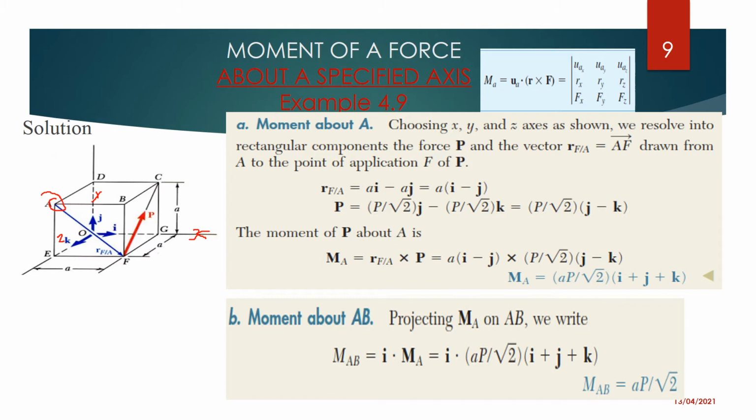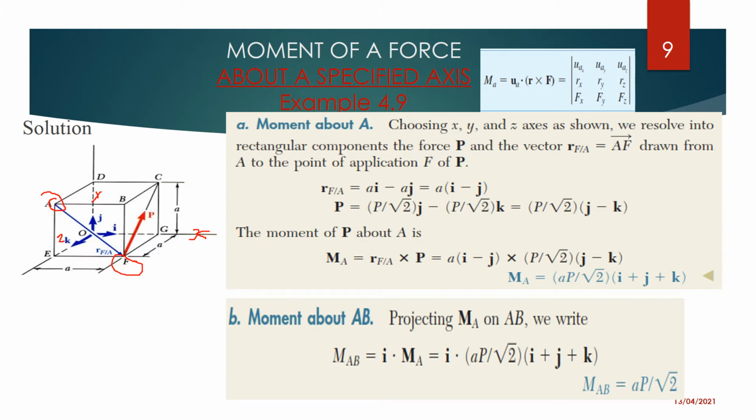Then in the Z, it is supposed to be positive a. Then you go to F and get the coordinates of F. You want to get your position vector R from A to where the force P is passing.